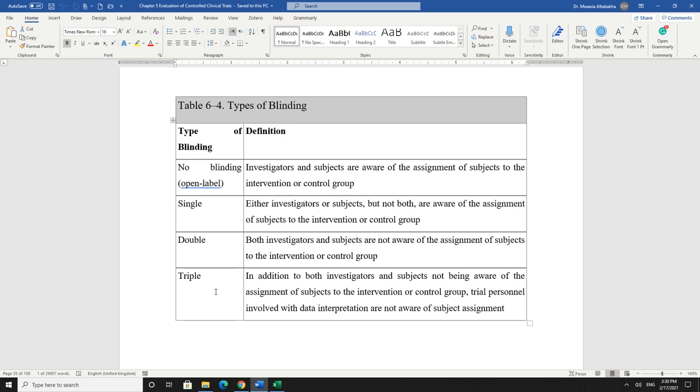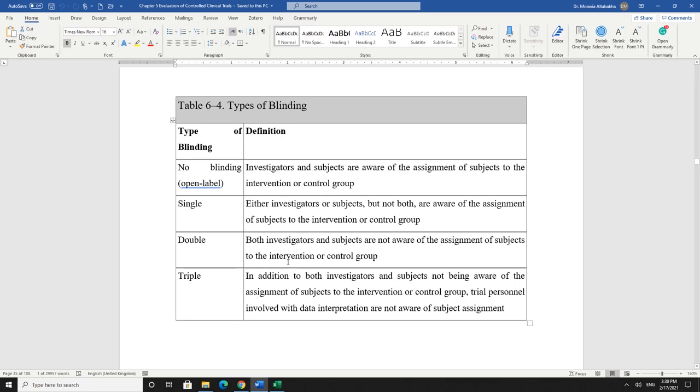So I cannot just give the subjects that are having tablets the injection because they might encounter bleeding. So I need to know which one is taking what, or the patients need to know if they are taking the drug as tablets or as injection.